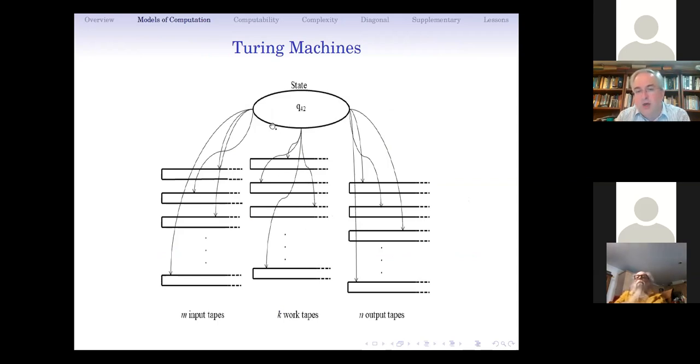The point is, you're in some state at every point, and these heads are going left and right, moving all around, and changing the data as you go along. There's a question of whether you allow the data to be changed on input tapes, whether you allow only writing or can also read from output tapes. But we don't go into that. But this is what a typical Turing machine looks like.